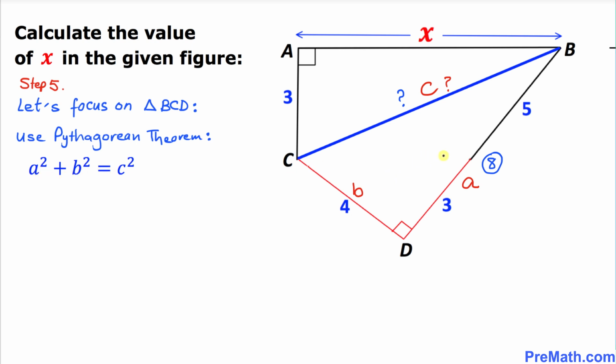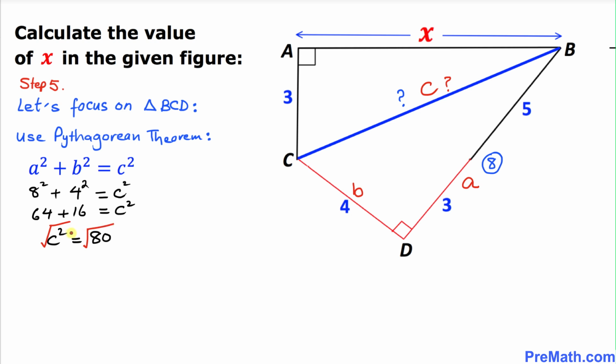In our case, a is 8 units, so I'm going to put down 8 squared. In our case, b is 4, so I'm going to put down 4 squared equals c squared. So 8 squared is 64 plus 4 squared is 16 equals c squared. So c squared is going to give us 80, and let's take the square root on both sides.